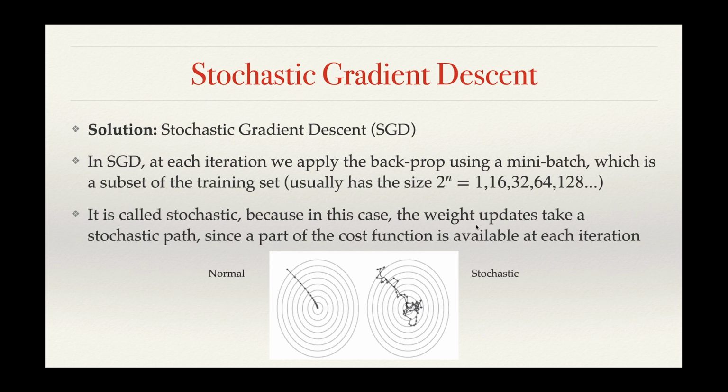Now, first of all, it's better in terms of finding the global minima versus local minima, because we don't look at the whole cost function at the same time. What the gradient descent is seeing is only part of the cost function at each iteration, so it does a lot of oscillation until it reaches the global minimum.